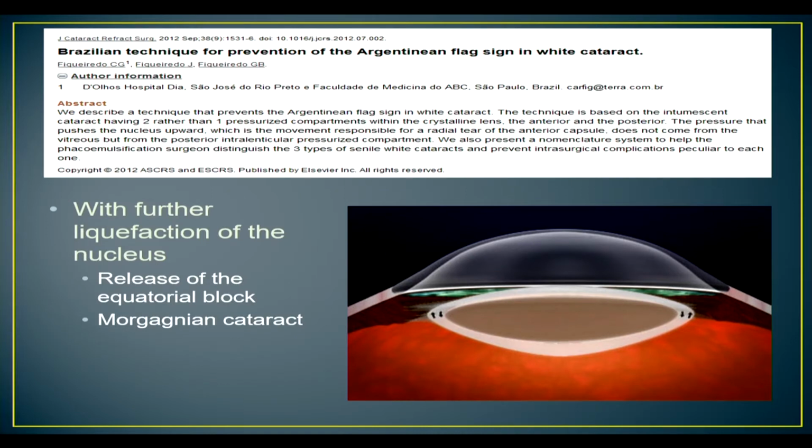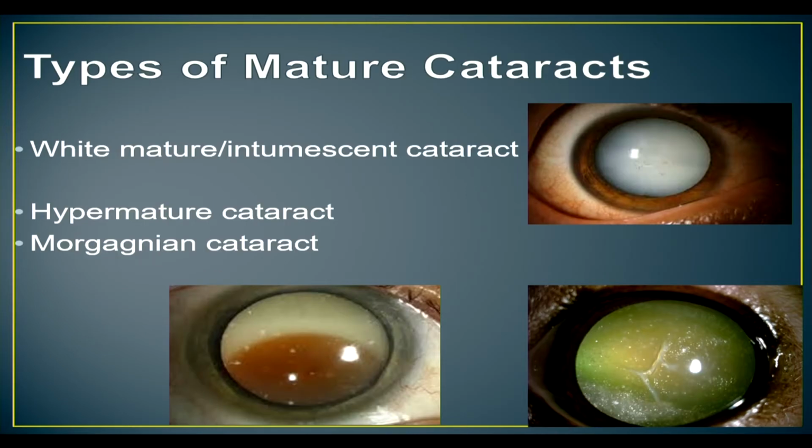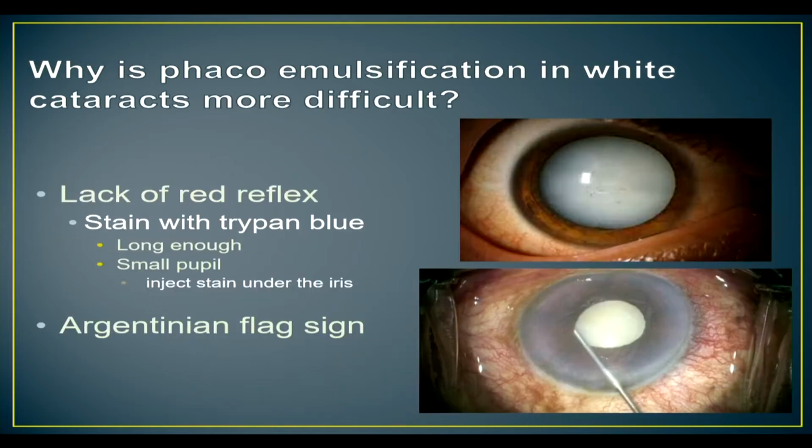With time, of course, the nucleus also undergoes liquefaction and the nuclear block is relieved. Now, I am going to talk today about white, mature and intumescent cataracts where the nuclear block is still present, and rather than the hypermature and the Morgagnian cataract where this has been released.